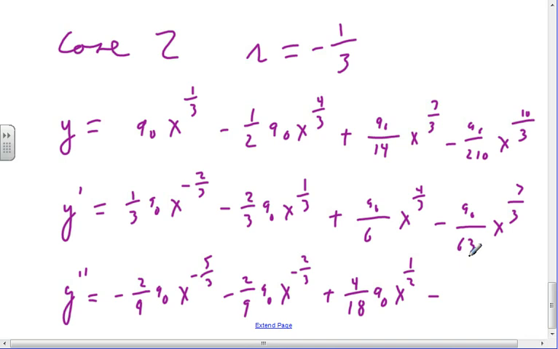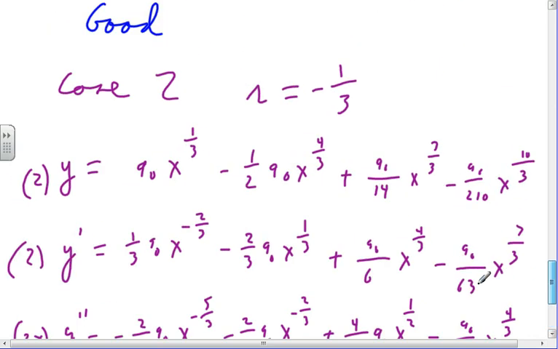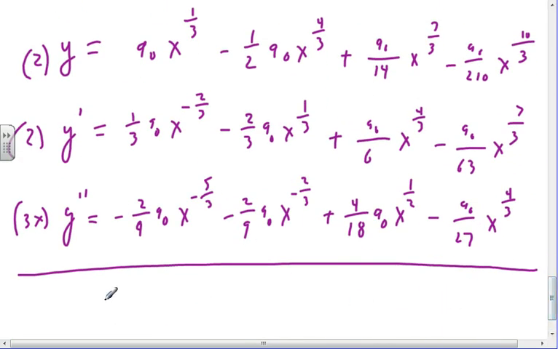It does, 9 times, right? Minus a0 divided by 27 x to the 4/3. Okay, I want 3x of that guy. This problem is never solved until we check it. So until you get done checking it, you don't know if you have the right answer or not.